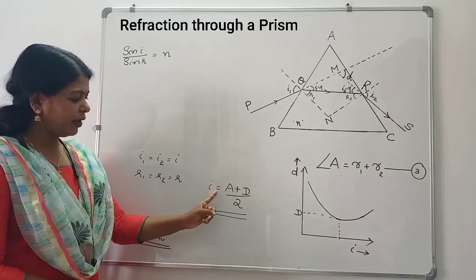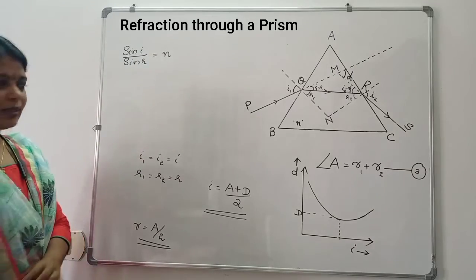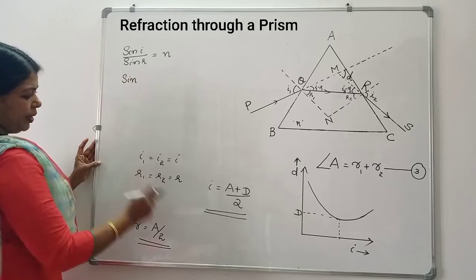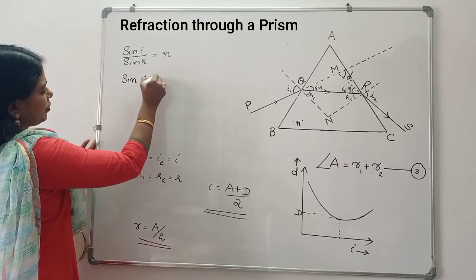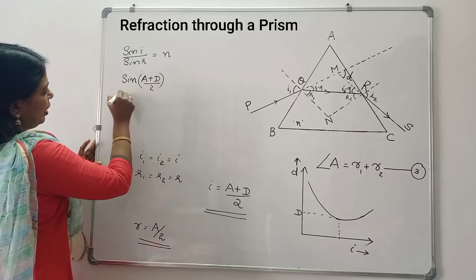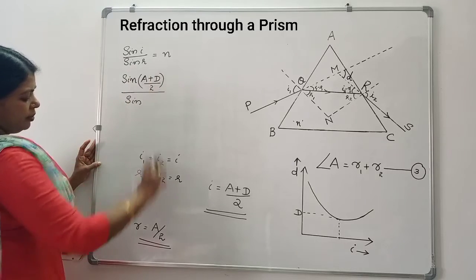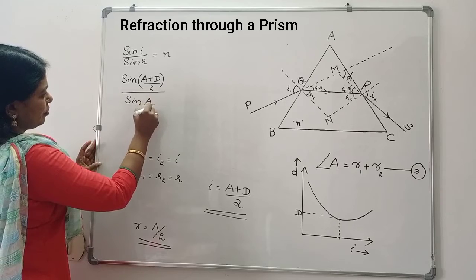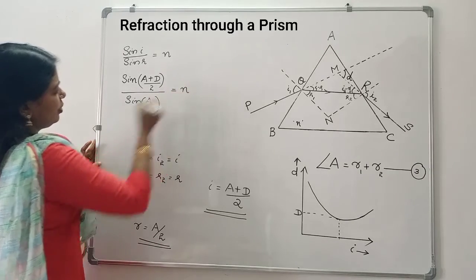Substituting the value of I and R in this equation, that is sin (A plus D by 2) divided by sin R, R is A by 2, is equal to n.